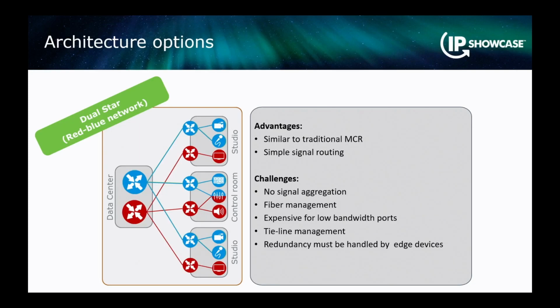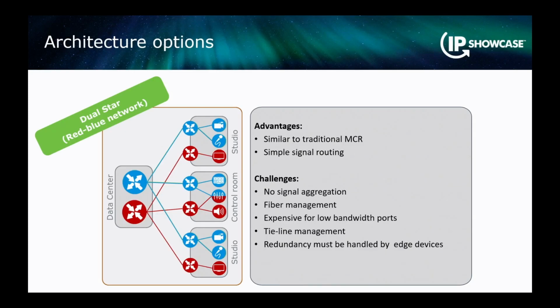We still have the issue of the redundancy being at the edge, right? Because every device attached to the blue network has no attachment to the red network unless it has two interfaces on it. So it's very separate networks, but this is the way that a lot of people work.